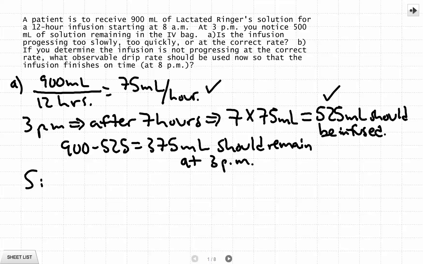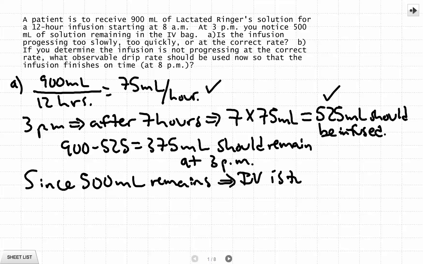So since 500 milliliters remains, this means that the IV is going too slow.